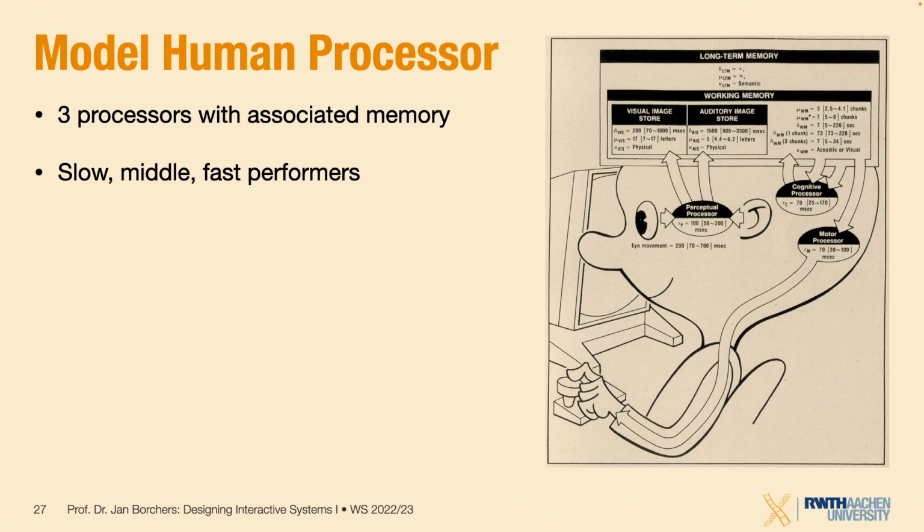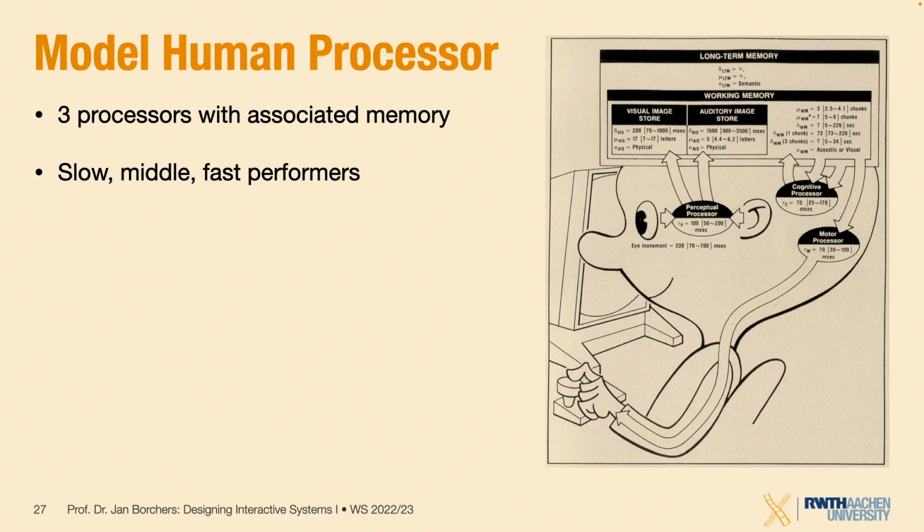And this is the overall structure. It has 3 processors, and each processor has associated memory. As you can see here, there's a perceptual processor, a cognitive processor, and a motor processor. And this bubbly head guy here is currently looking at a screen, seeing maybe something appear on the screen, and is pressing a button in response.